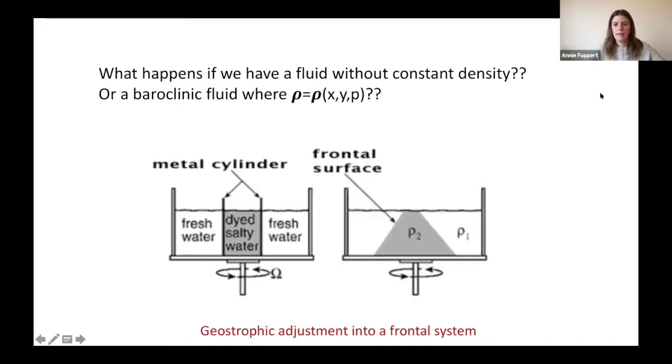And what you see is that the system geostrophically adjusts into a frontal system, where instead of having a flat interface between the two density layers, you have a sloping barrier where the denser water is sloped downward, so it's thicker at the bottom than it is at the top.